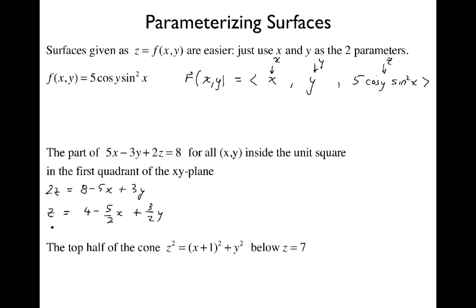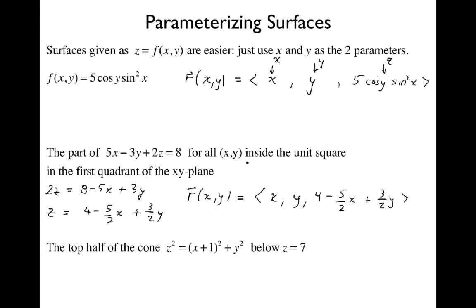And once again, we have z as a function of x and y. So we could parameterize this plane using parameters x and y. Again, these parameterizations will have three components, an x component, y component, and z component. So this is still x, y, and z, written as an R3 vector.